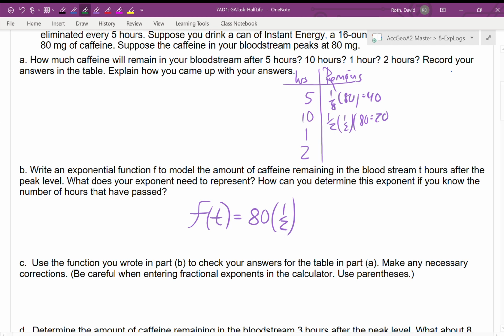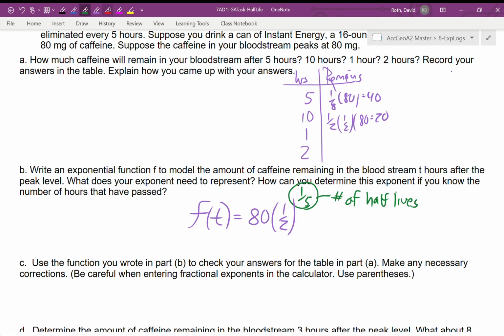So what I say is I'm raising half to a number of half-lives. Anyway, we'll say half-lives. Now, how many half-lives in 1 hour? Well, it's a fifth of a half-life. So I really need to raise it to the 1/5 power.